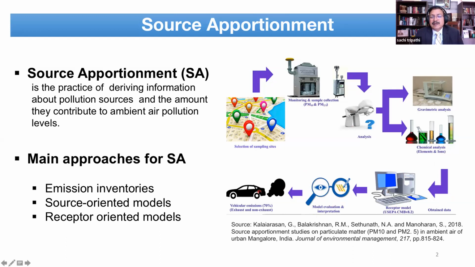For a given, let's say, particulate matter sample of X microgram per meter cube, this blue side is telling you how much of X microgram per meter cube is contributed from vehicular emission. It shows 70%, just for an example, and the remaining 30% might be coming from other sources. All that would be given from the output of this model. And if you add it all, that should sum up to the total particulate matter on an average as a whole, which is sampled at this site.